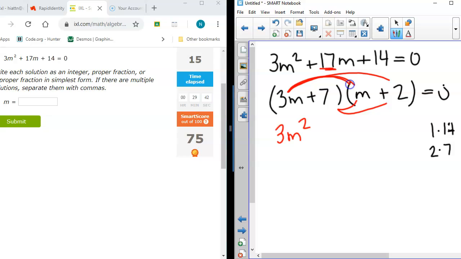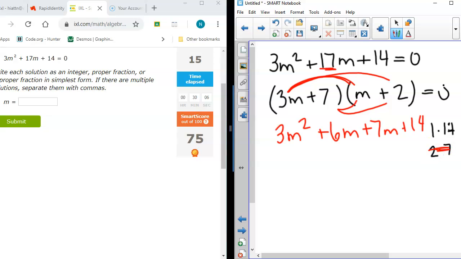When I do 3m times 2, that's going to give me 6m. I've got 7 times m, so that's plus 7m, and then 7 times 2, which is 14. Now, 6 and 7 only gives me 13, so that is not correct. I need 17 as that middle number, so 7 and 2 is not going to work.